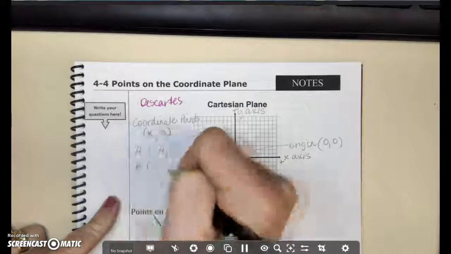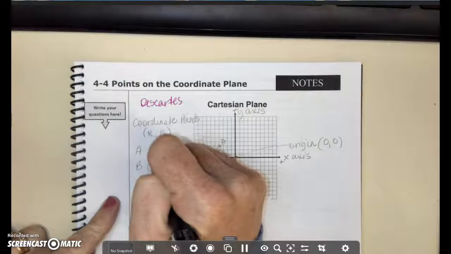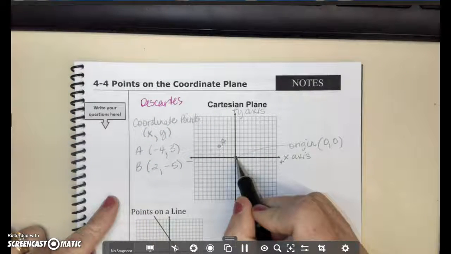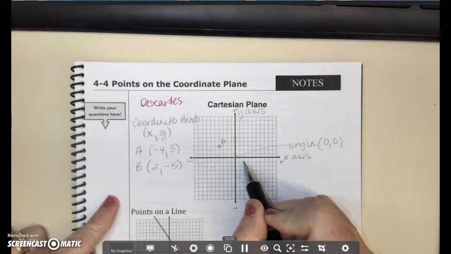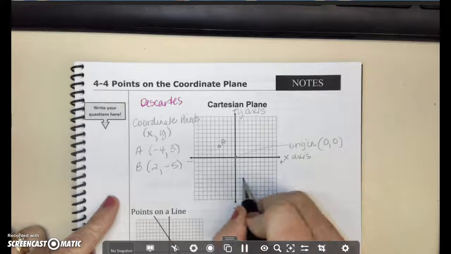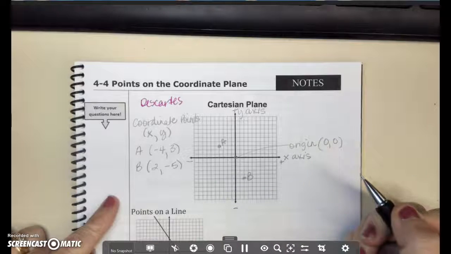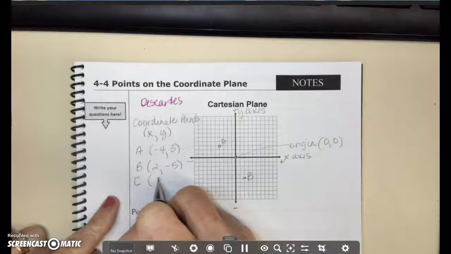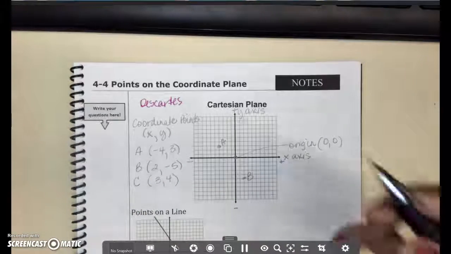Point B, let's say that's 2, -5. So from there we're going to go over 2, 1, 2, and down 1, 2, 3, 4, 5. That'll be point B. Point C, let's use points 3, 4. Okay.